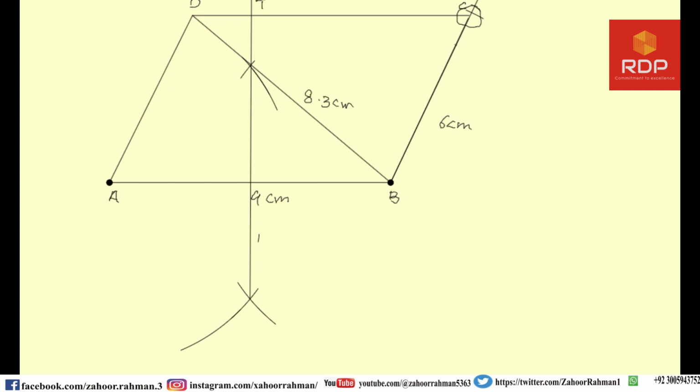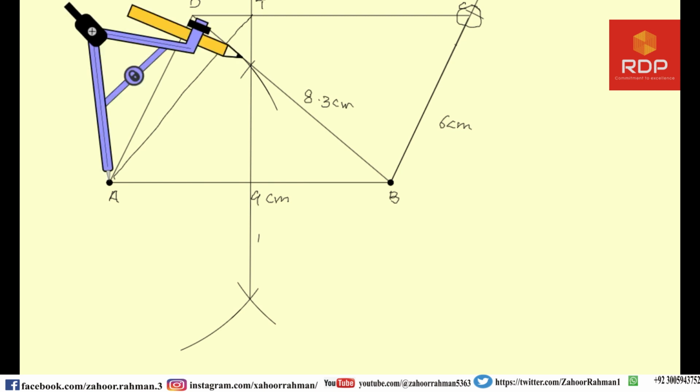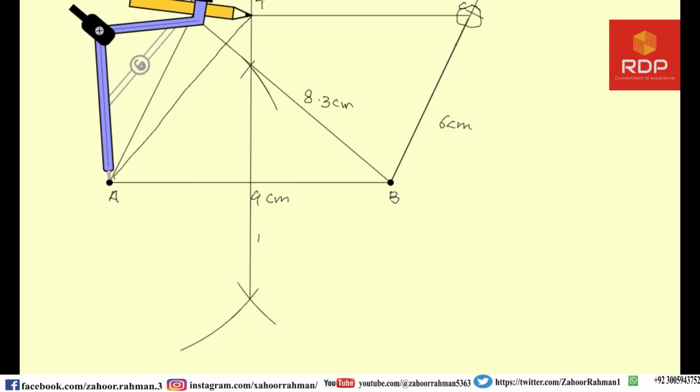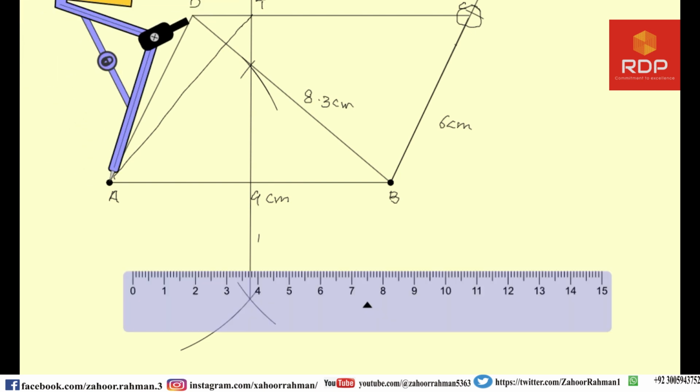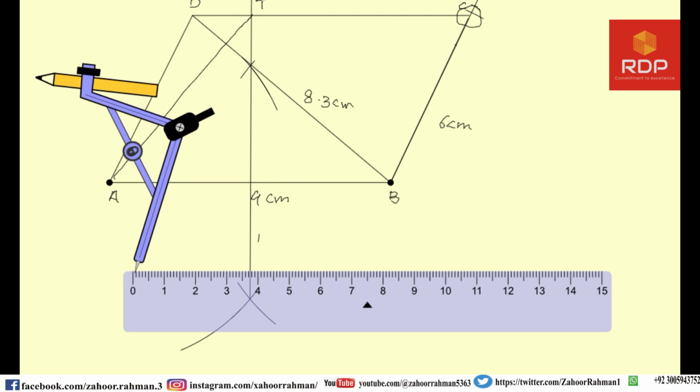So they are telling us this. We have to find the length of AT inside this case, and that line is this one. So we are going to measure that, and let us check it, that what is the length of this.